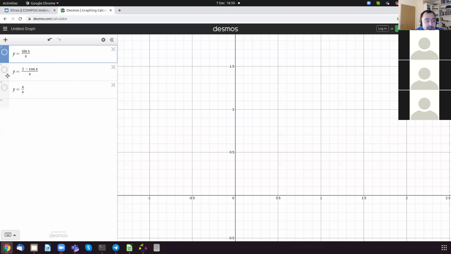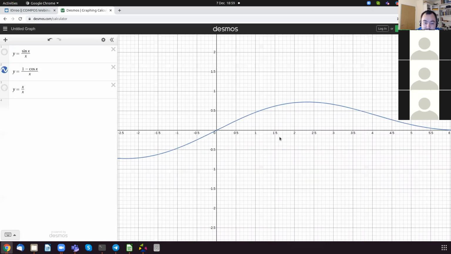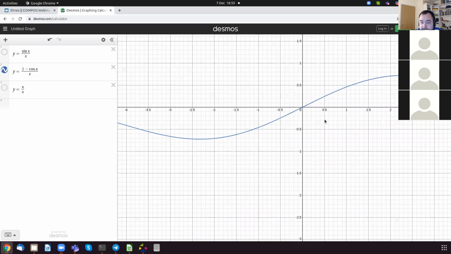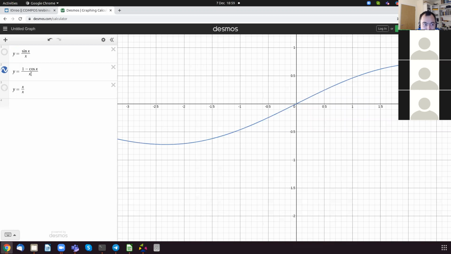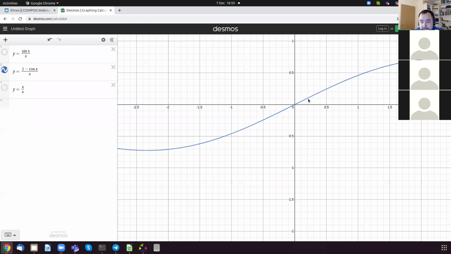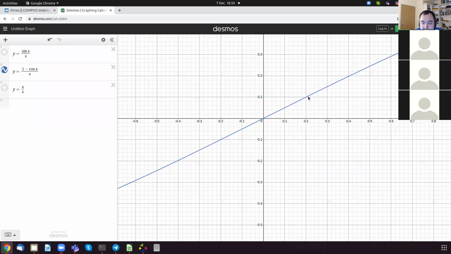So let's look at the graph of 1 minus cos x over x. We can see that it kind of passes through 0, 0, but obviously x cannot be 0 because you cannot divide by 0. So let's have a look.